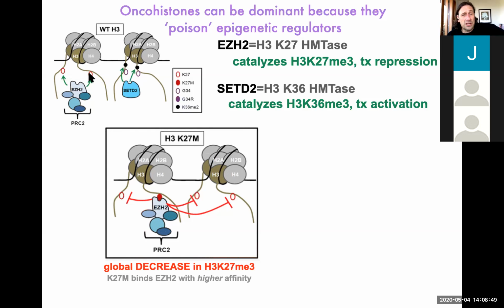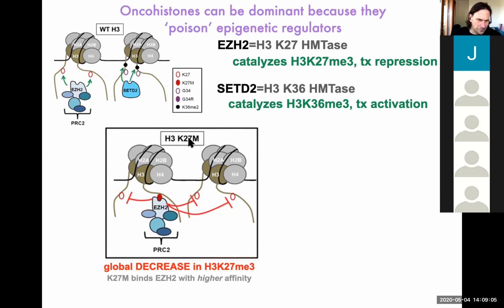Now, what happens in the mutation is that you mutate that lysine to a methionine. The filled oval indicates that you have this mutant histone. And remember, these are acting dominantly.